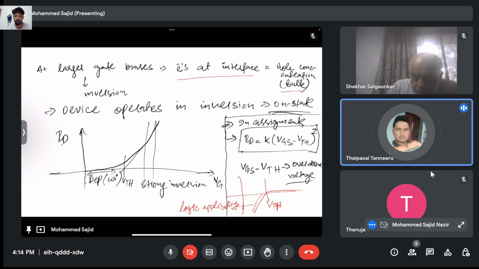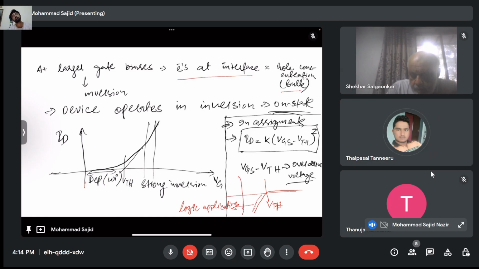Sir, the gm/ID methodology is there, no, sir? GM versus GM by ID methodology. No, I don't remember such a thing. What is that?